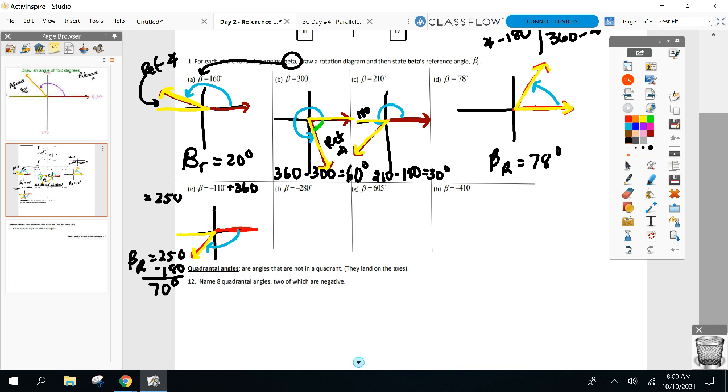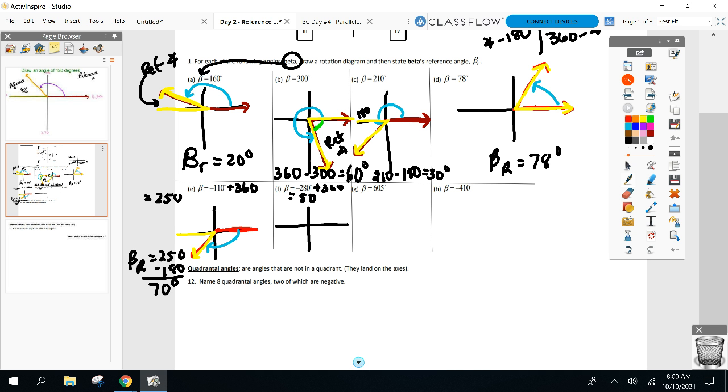All right, let's smoke through the rest of these because I want to give you time to practice. Negative 280, add 360. Is everyone all right with that? Keep adding 360. What angle am I going to have you graph here? 80. Where's 80? First quadrant. This is going to be a nice one.